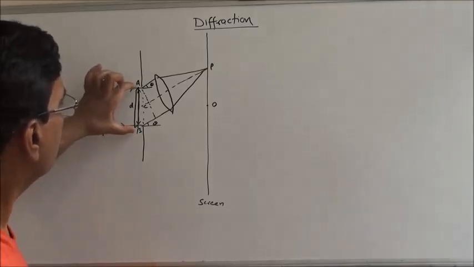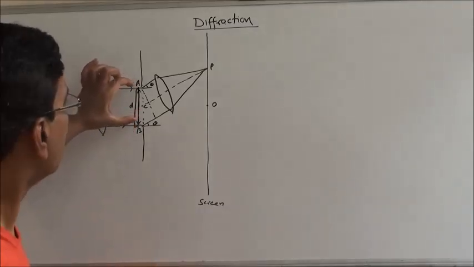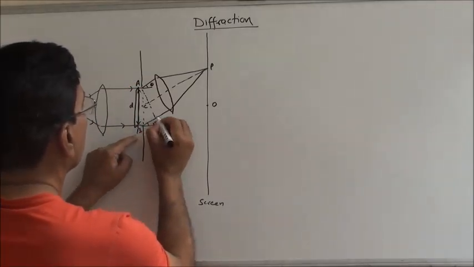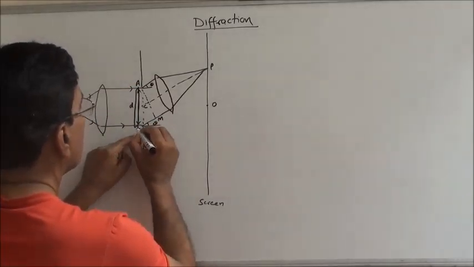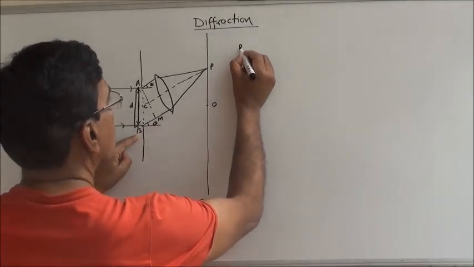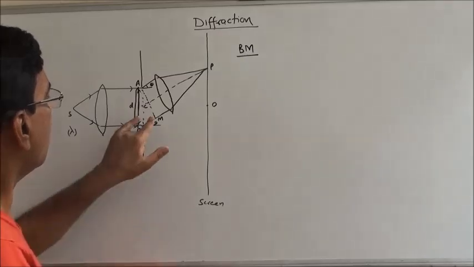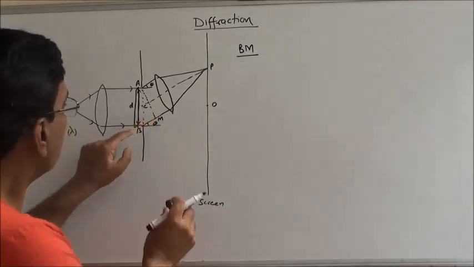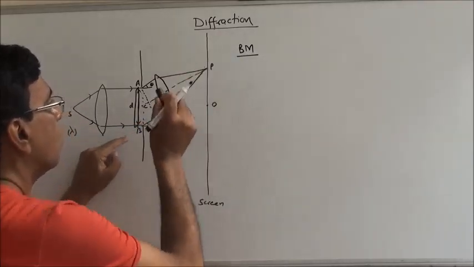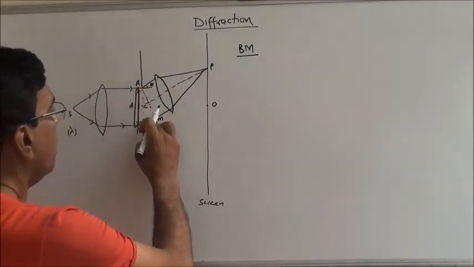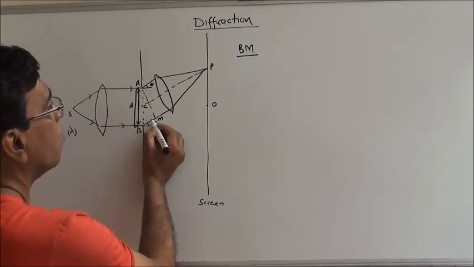If I take two extreme points of the slit, A and B, then this one, let us name it M. So BM is the extra path that the secondary wavelet covers in reaching P. So actually the path difference between A and B is BM.